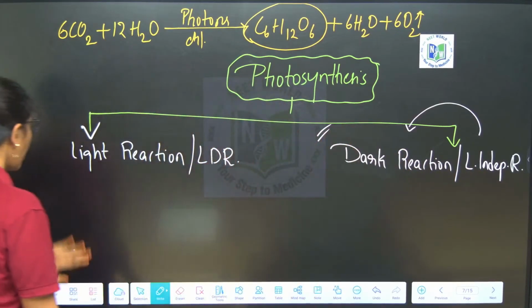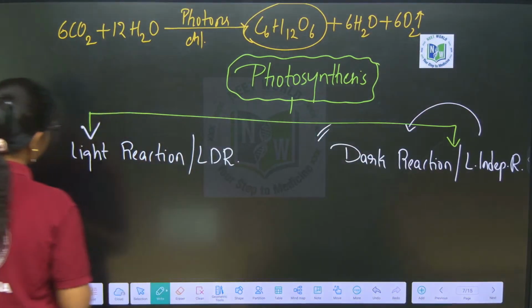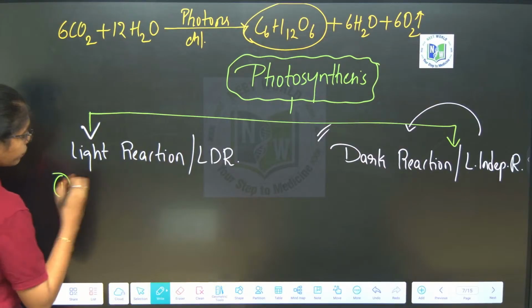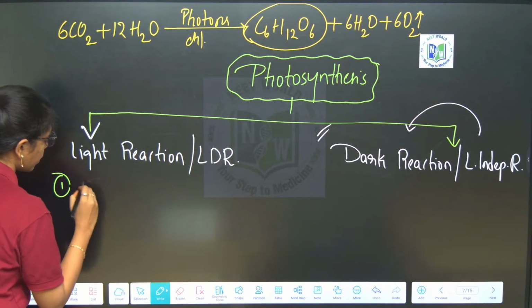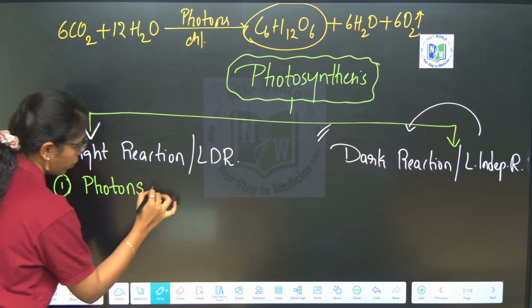Remember that, because we can expect a statement based question on it. Now, what are the three sequential events of light reactions? First is absorption of light in the form of photons.